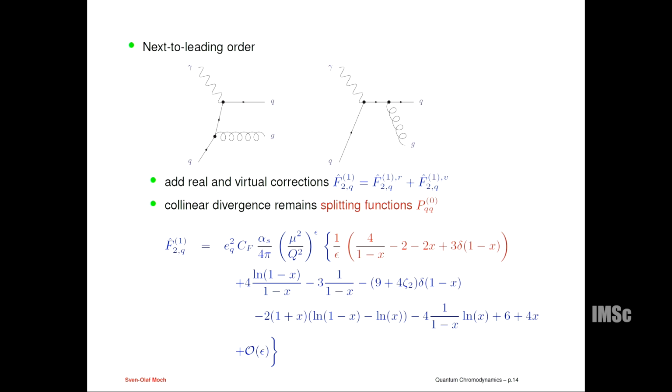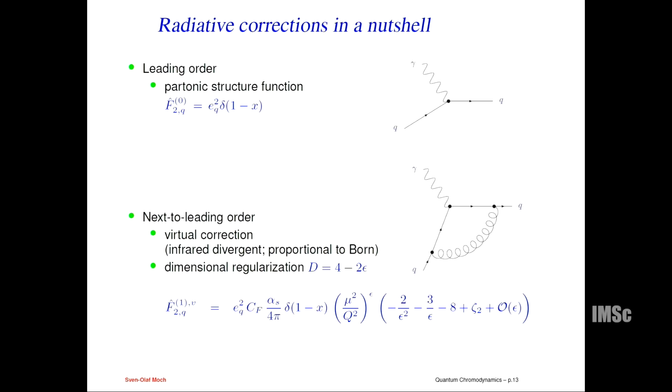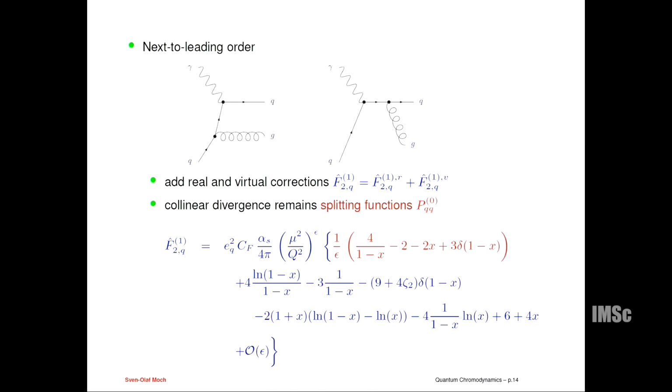It depends again on functions of x, and it has a Riemann zeta of 2, which is pi squared over 6. There is some pi squared over 6 coming from the form factor, but there is also some pi squared over 6 coming from the real emission diagrams if you simply do your phase-space integration.